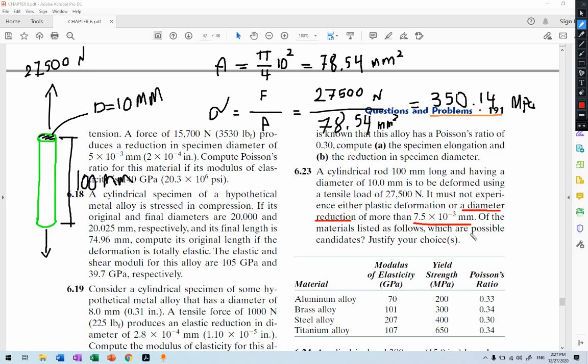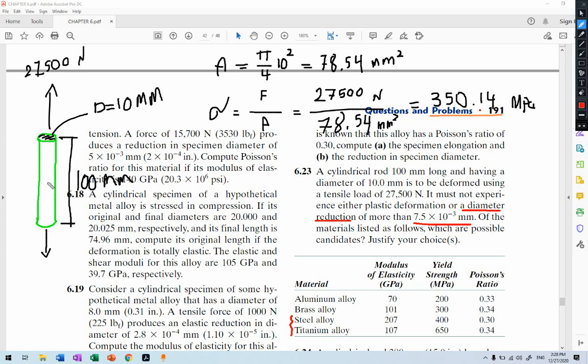Now we have to find delta D for both cases, or we can use this delta D and find Poisson's ratio. That will still be possible. We'll do it anyway. We're going to find delta D for both of them. That's the easiest way to see what the diameter reduction will be if we use steel alloy, and if we use titanium alloy.